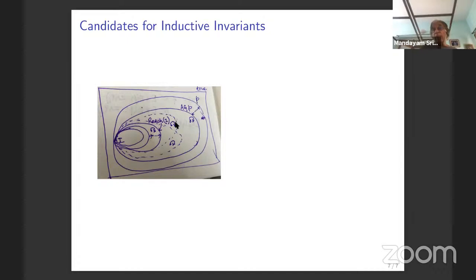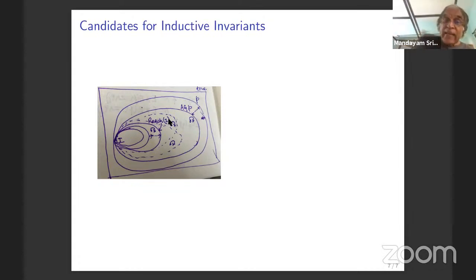So why only use the strongest inductive invariant or the weakest? There could be so many other inductive invariants that can be used as candidates for proving the property. And if you can find a way to get to those invariants faster, through an appropriate search mechanism, maybe that will be faster.